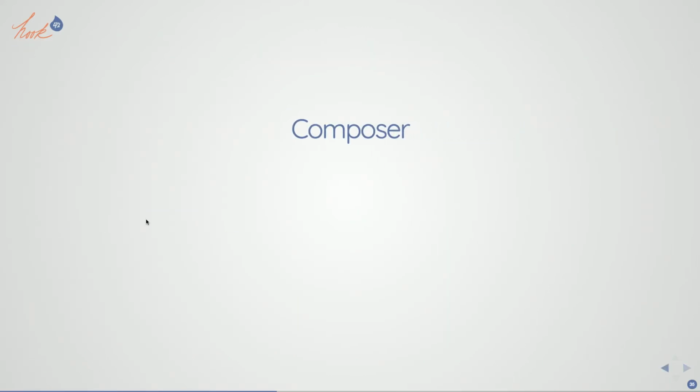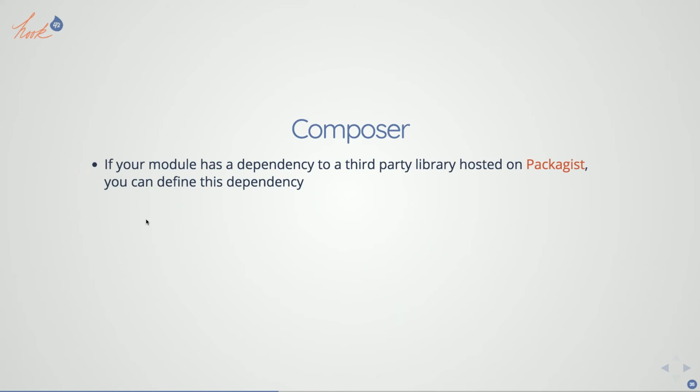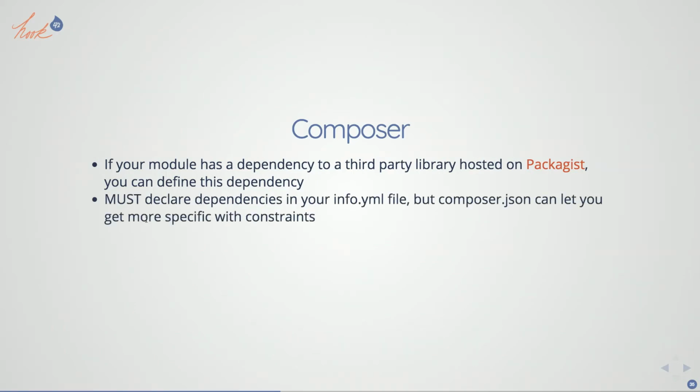A little bit about Composer. This was done last night, so I apologize if there's any typos. If your module has a dependency on a third party hosted on packages, you can define this dependency with Composer. You must absolutely declare dependencies in your .info.yaml file. That has to happen. But you can also declare them in your composer.json file, and you can get more specific.